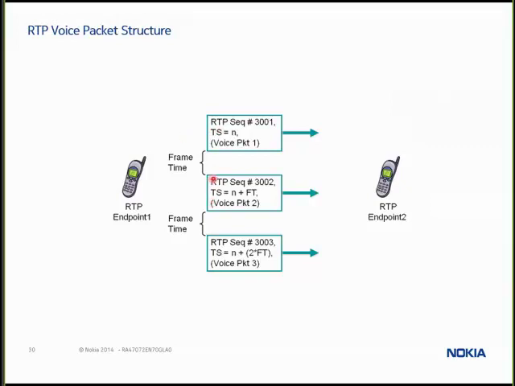In voice over IP, typically the frame time is 20 milliseconds. So if you'll notice, this is sequence 1, sequence 2, sequence 3. If they happen to arrive at the subscriber endpoint out of order, then we'll know what sequence to put them in if we have time to restructure it into the appropriate order.